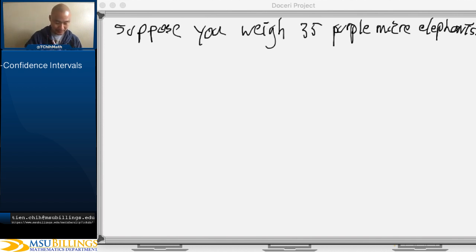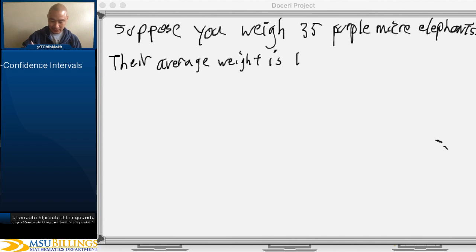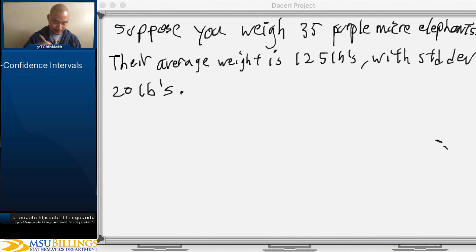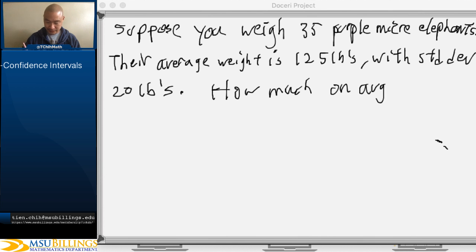And let's suppose their average weight is, let's say, 125 pounds, with standard deviation 20 pounds. How much, on average, do purple microelephants weigh?